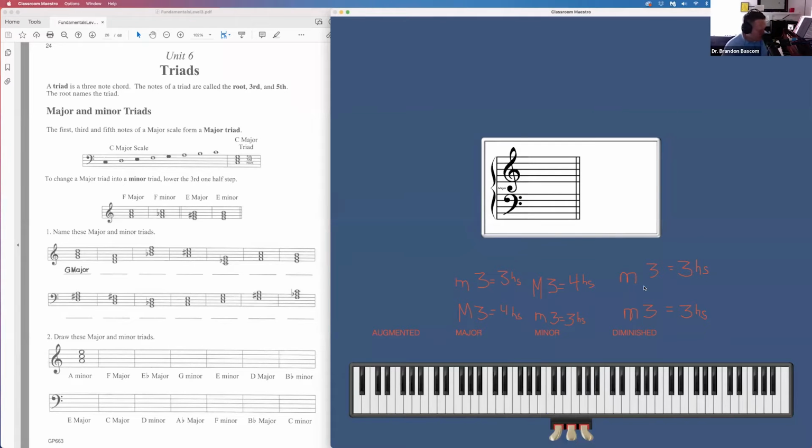Okay, from major, we can augment. If we augment something, we make it bigger or larger. And so an augmented triad is a major third on the bottom and a major third on top, giving us 4 half steps on the bottom and 4 half steps on the top.